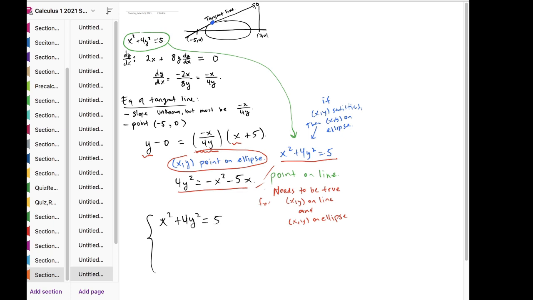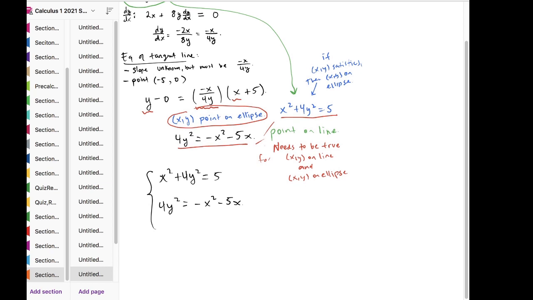If you remember systems of equations, that's what I'm doing. How do you solve systems of equations? Do you remember? There's two ways, substitution or elimination.